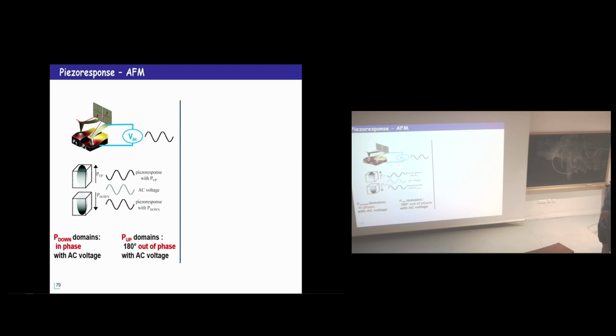So instead of applying a DC voltage, you apply an AC voltage here. Once again, this domain is going to oscillate, and this one also. The amplitude is supposed to be the same for the two oscillations, but they are supposed to be exactly in opposition of phase, because this one goes up when the other goes down, and the contrary.